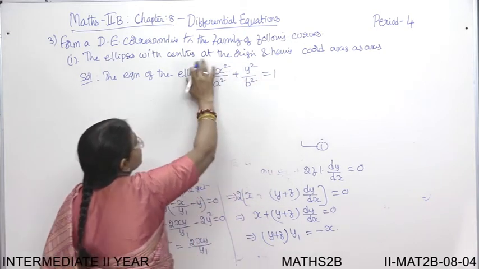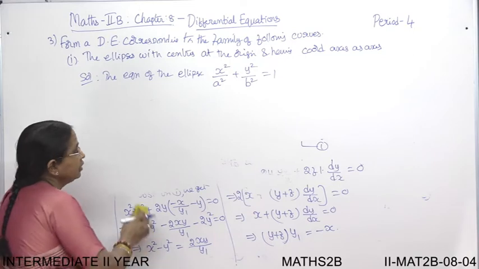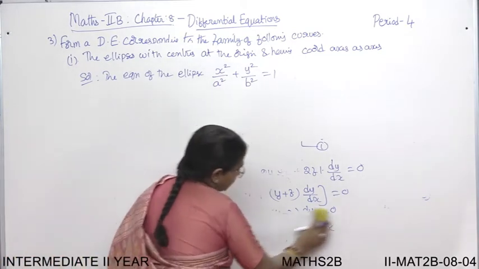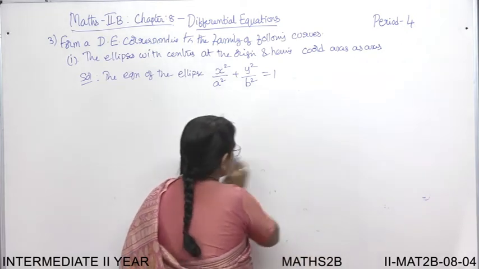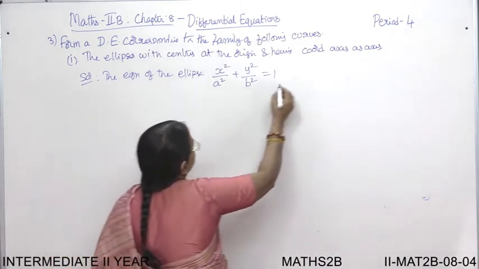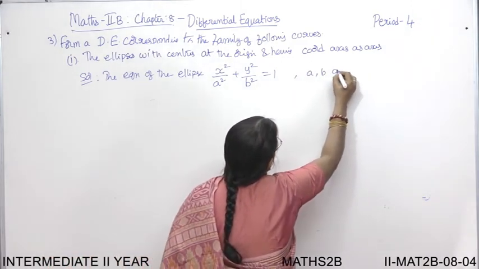So this is the equation whose center is the origin and whose axes are the coordinate axes. Now you have two arbitrary constants here. a and b are parameters.